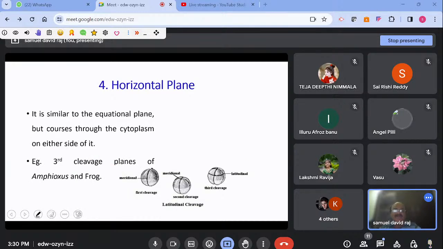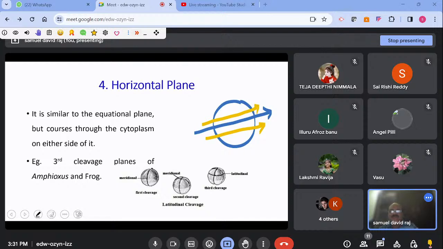Like the vertical plane, if the equatorial plane runs exactly through the center, the horizontal plane runs either above the equator or below the equator. So it is similar to the equatorial plane but goes through the cytoplasm on either side of it. It is exemplified by the third cleavage plane of Amphioxus and frog, and as a result we come across two cells, one small and the other large.